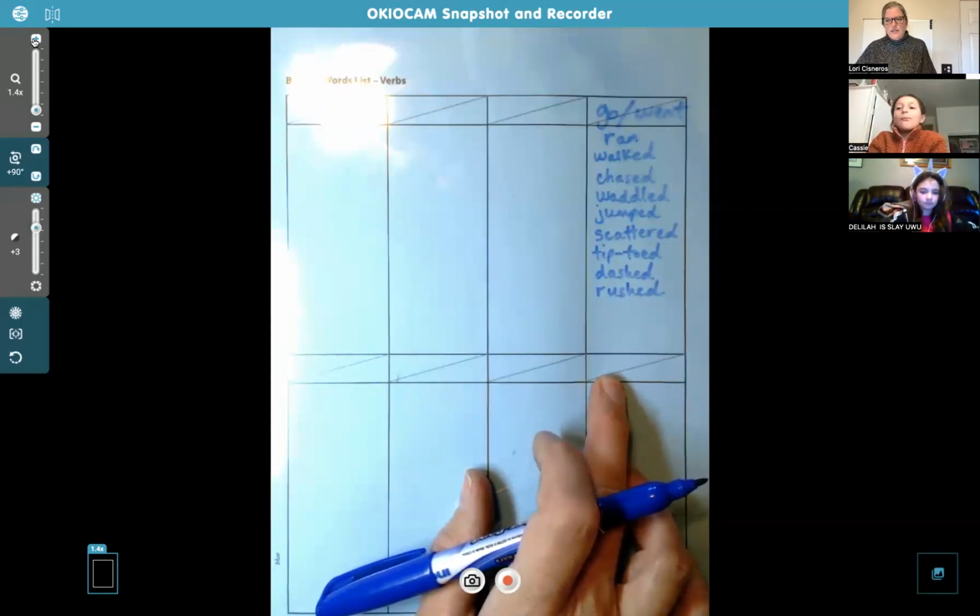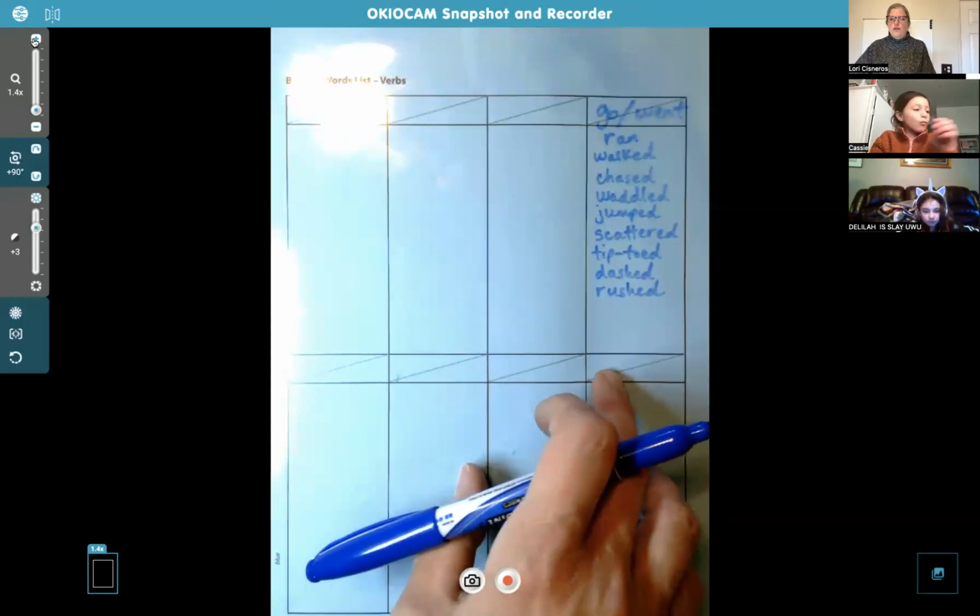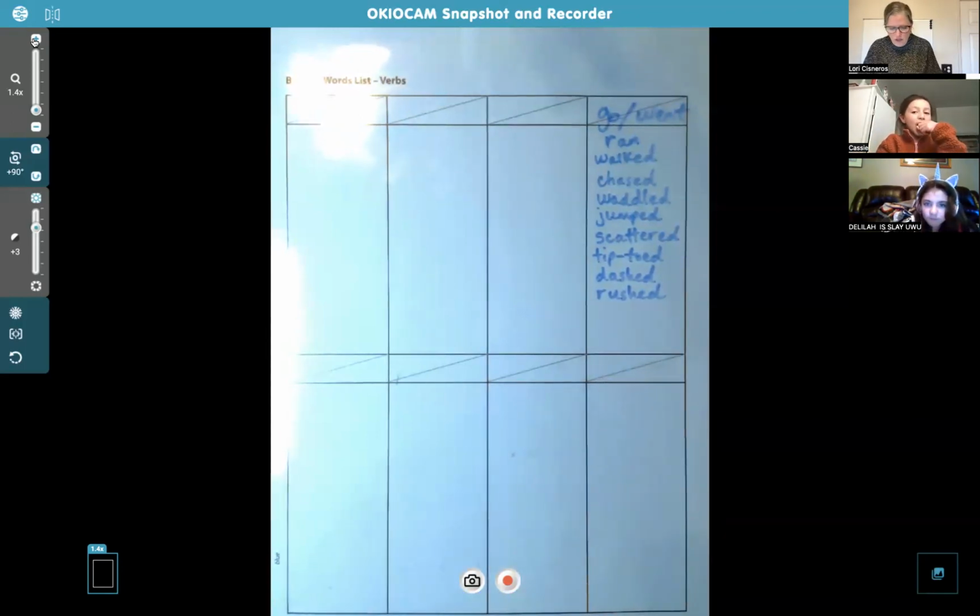This is not all of them. You can add to this list if you find other words, or when you're doing your homework, if you want something different than this list, you can look it up either in a thesaurus, or you can go online and look it up, as long as your grandma or mom or whoever is working with you says it's okay to go on the internet to look up a synonym.